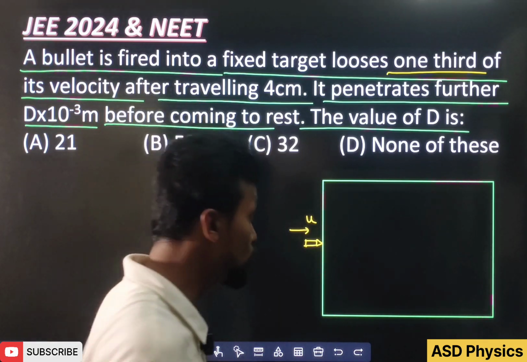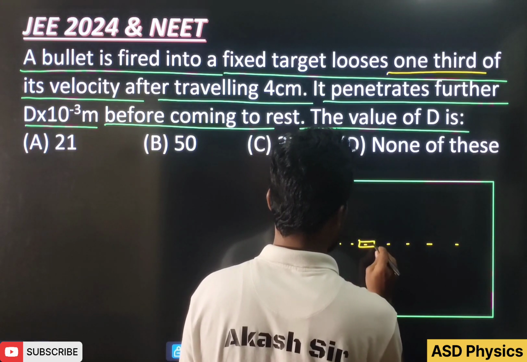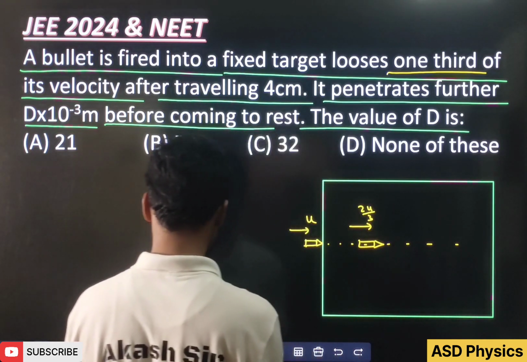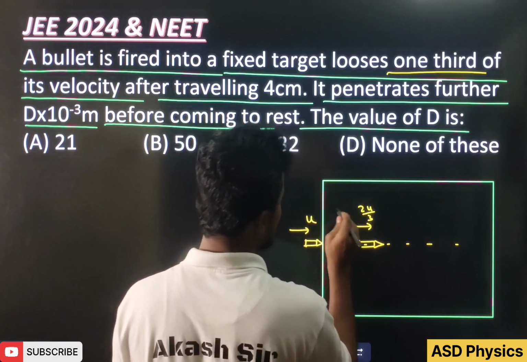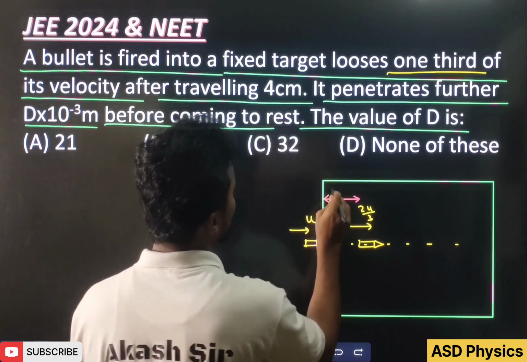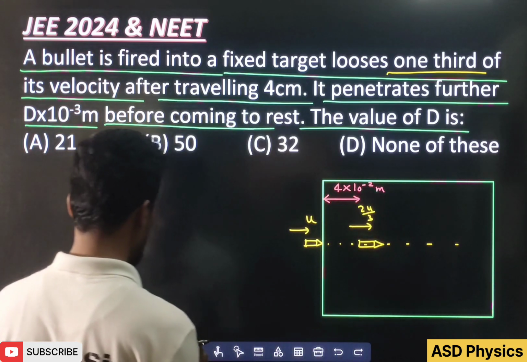How much is left? 2U by 3. It will be left with 2U by 3, after traveling a distance of 4 centimeters. Remember that, 4 into 10 to the power minus 2 meter.